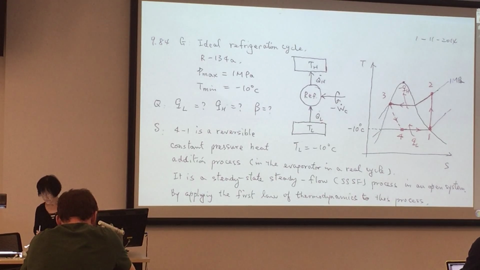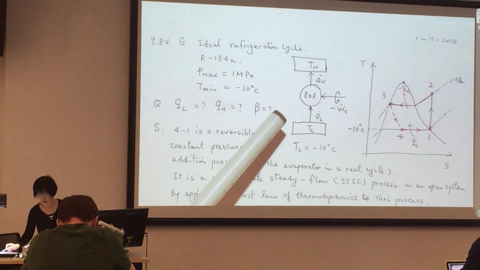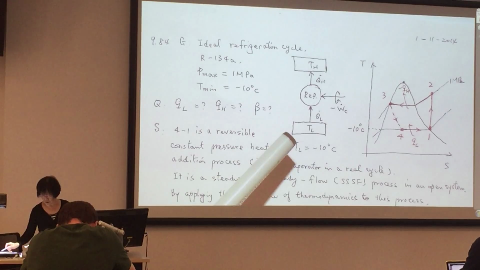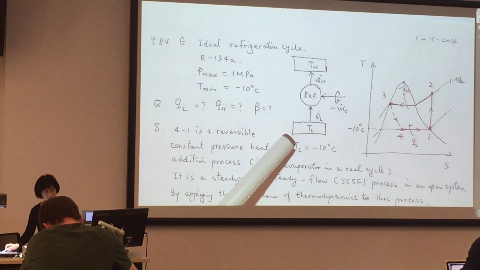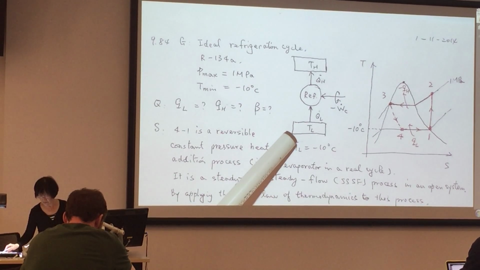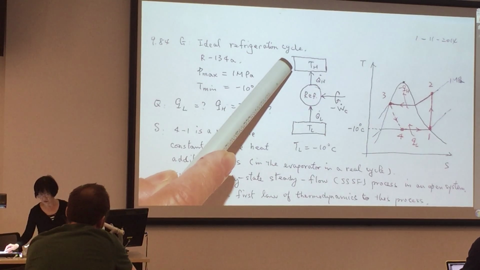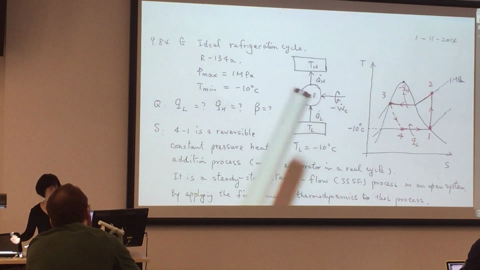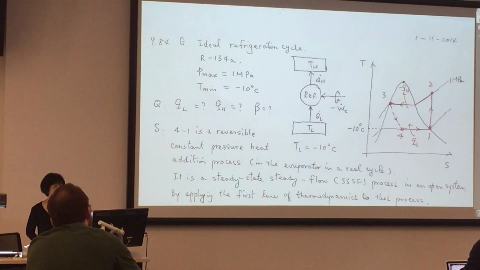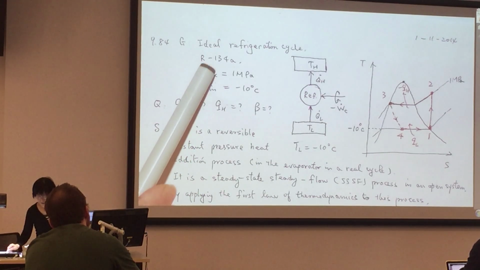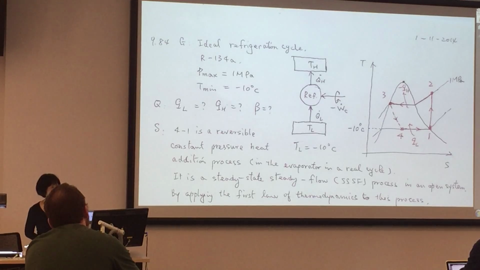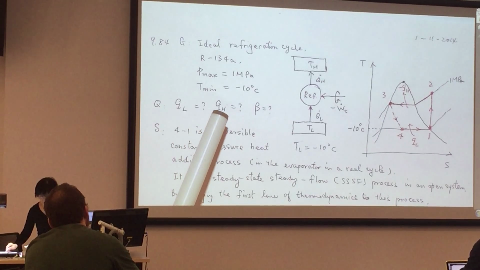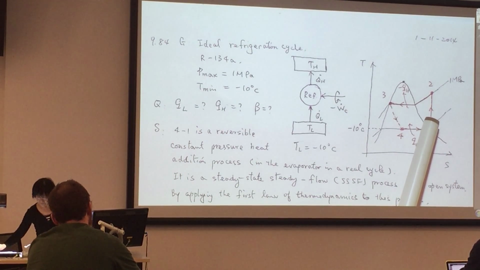So a refrigerator is a device which transfers heat from the low temperature reservoir to the high temperature reservoir with the energy supply. So that's the definition of the refrigerator and heat pump.